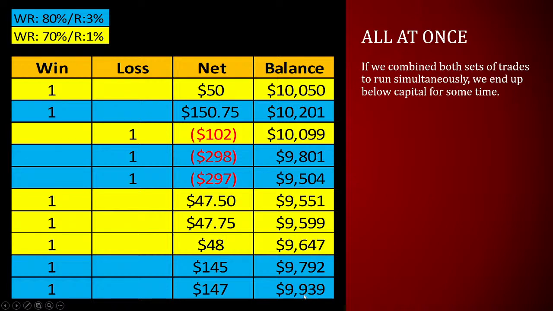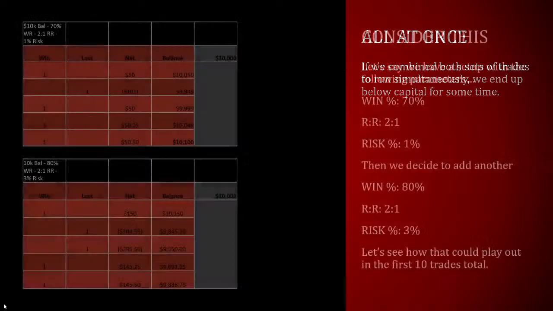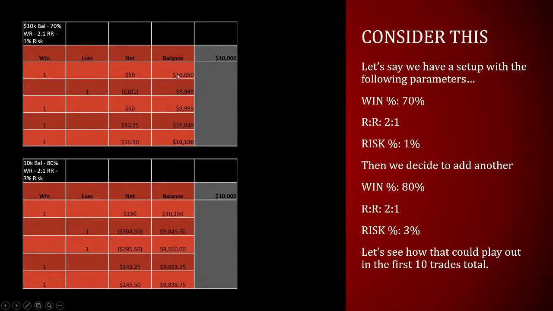Which would mean that we're down, you know, what is that, 79, or let's see, that's 40, so $59 or $61. So we're down $61 after 10 days, and our account balance started at 10,000, right? So it says 10,050 because that's showing the $50 growth, right? So if we go back here, you can see that it started at 10,000, and that first trade was 10,050, right? Okay.